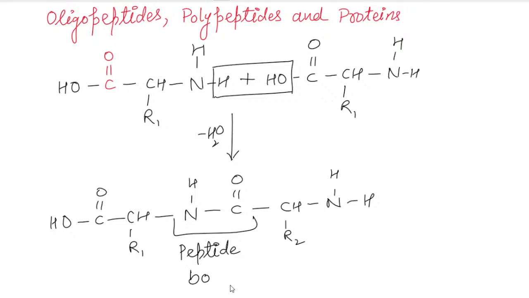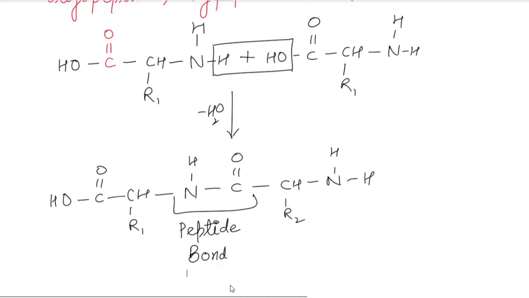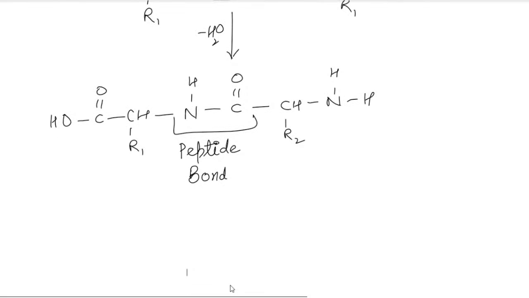This is called peptide bond. And as two alpha amino acids are attached, that is called dipeptide. 3, then that is called tripeptide. 4, that is called tetrapeptide.